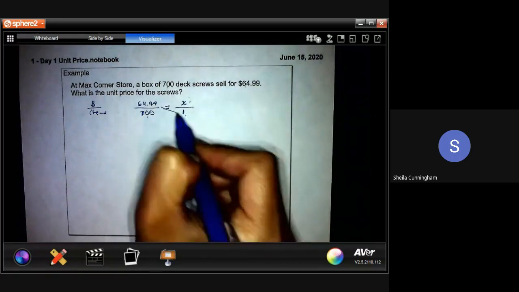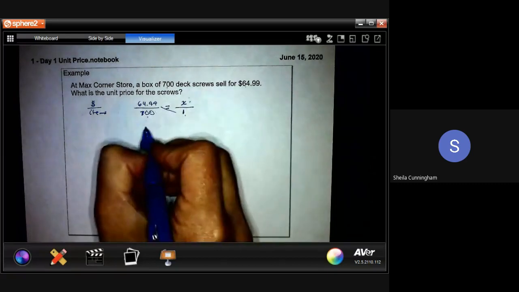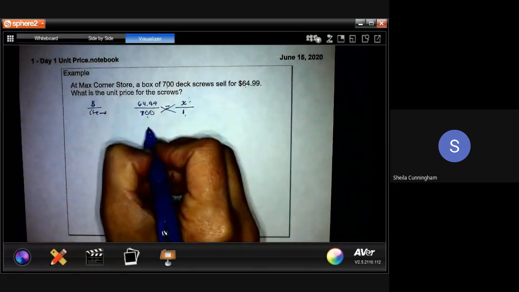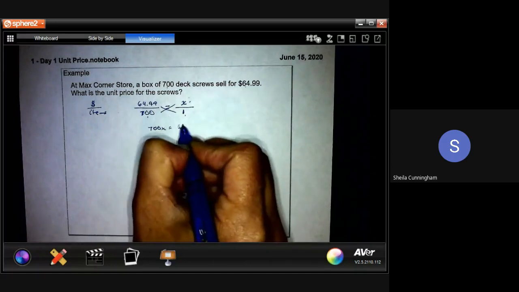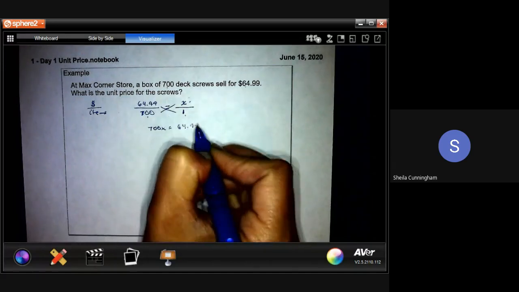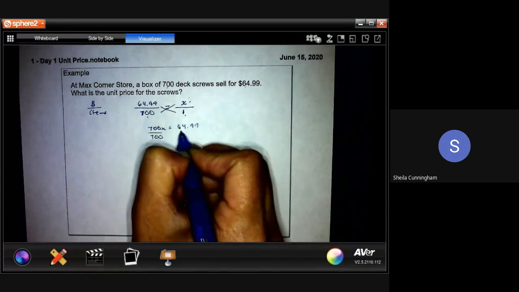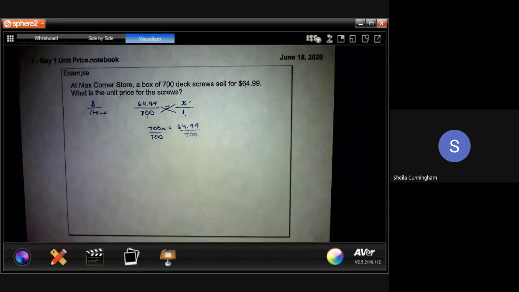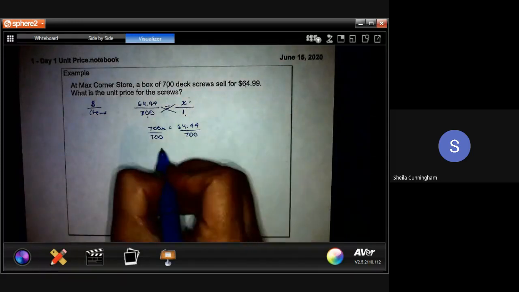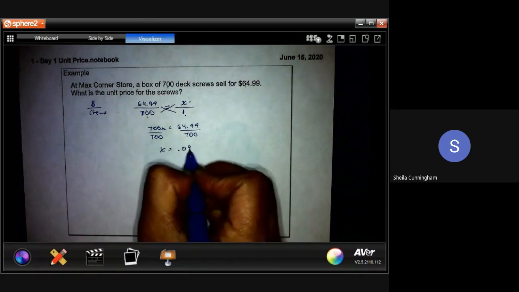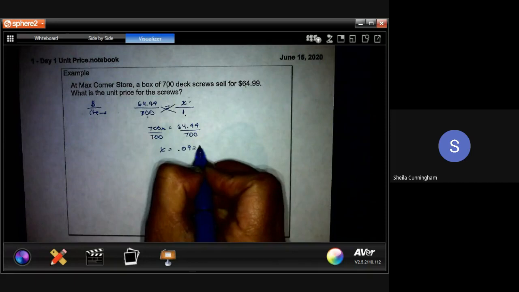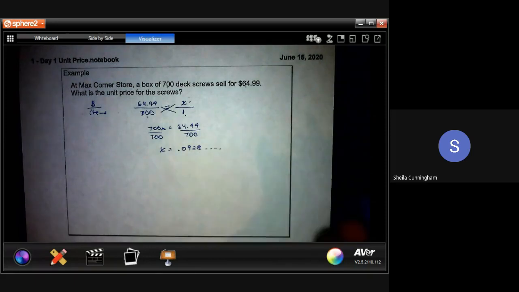Now I'm going to do my cross multiplying. So I'm going to have 700x is equal to $64.99, and I'm going to divide both sides by 700. $64.99 divided by 700 gives me a decimal: 0.928, and it keeps going.